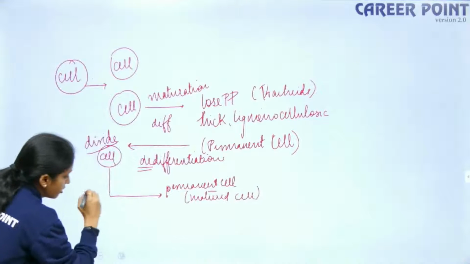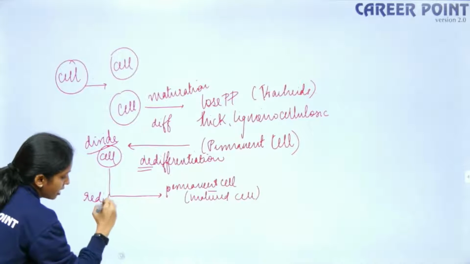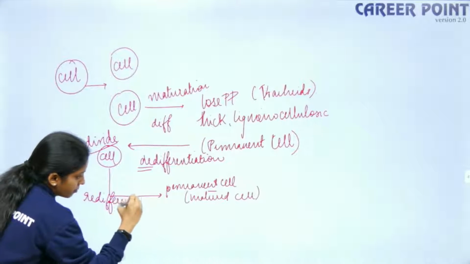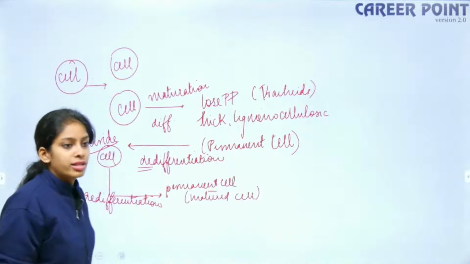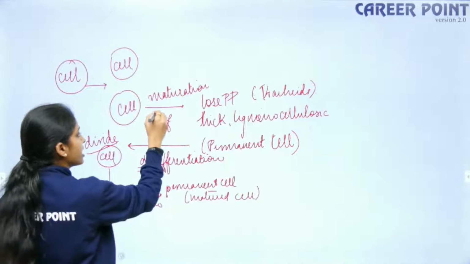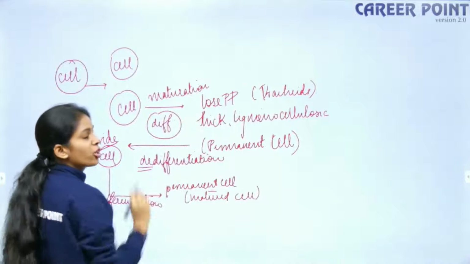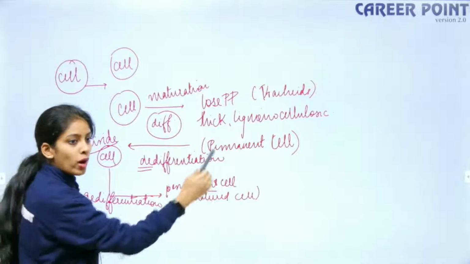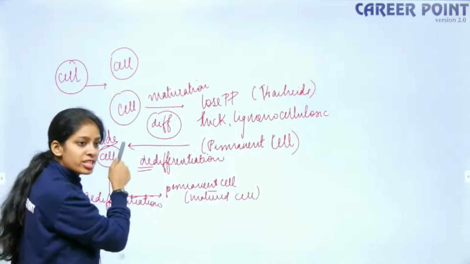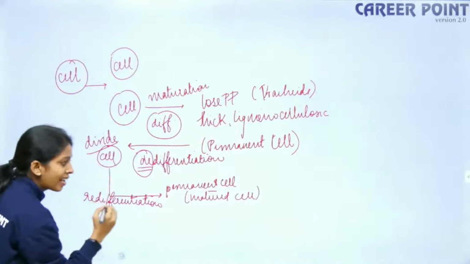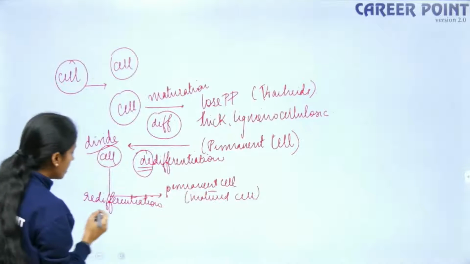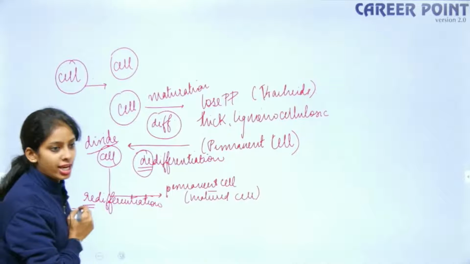This process is known as re-differentiation. So differentiation is the first time when it loses the ability to divide. Once again, if it regains the ability to divide, it is de-differentiation, and when it again loses the ability to divide, it is re-differentiation.